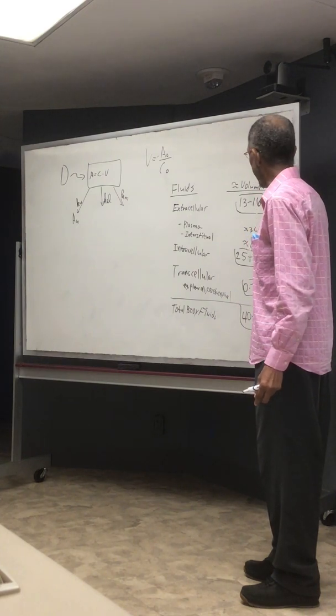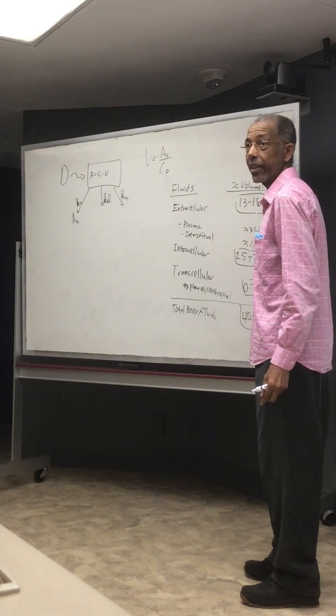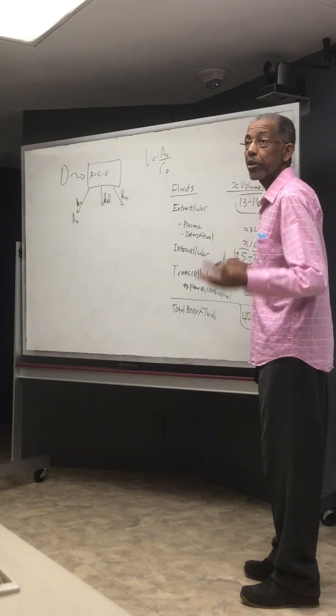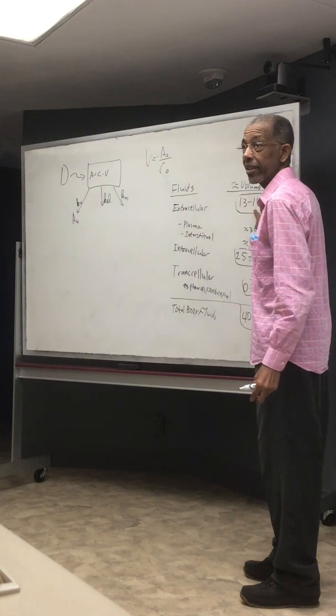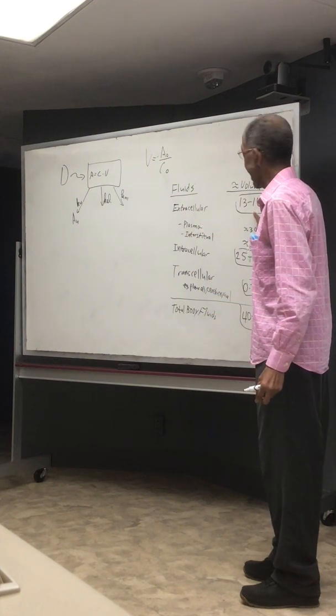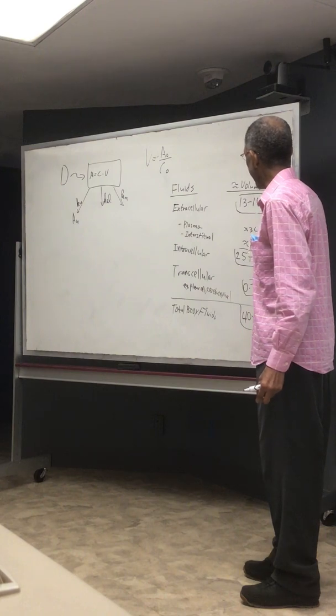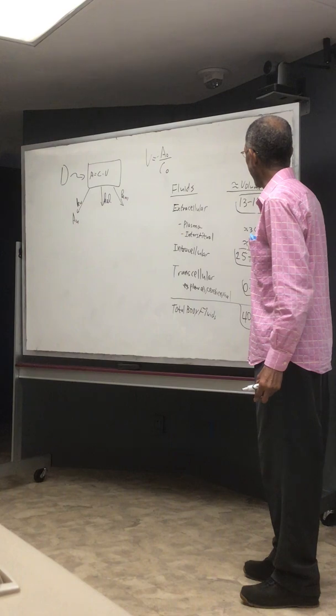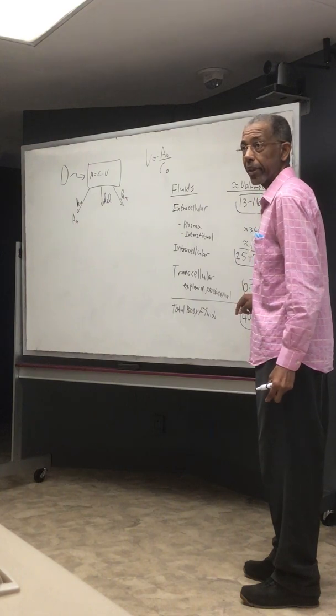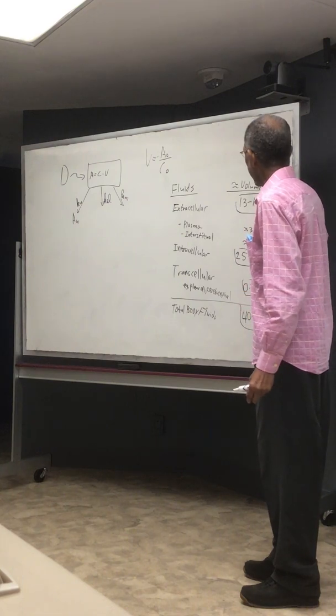So a lot of that drug would be over here in the extra 25 to 28 liters. So if a drug had a volume of distribution of 50 liters, we would expect that if this is 16 liters, and I got all the way up to 28 liters over here, an additional 28 liters, then if it had a volume of 50 something, it would have filled up this space.